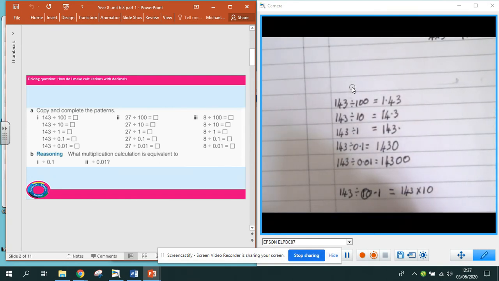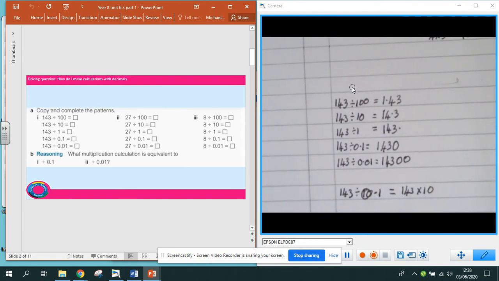And if we look at the second one, 27 divided by 0.01 is the same as, well, how do I turn it? It's going to be 27 times 100.